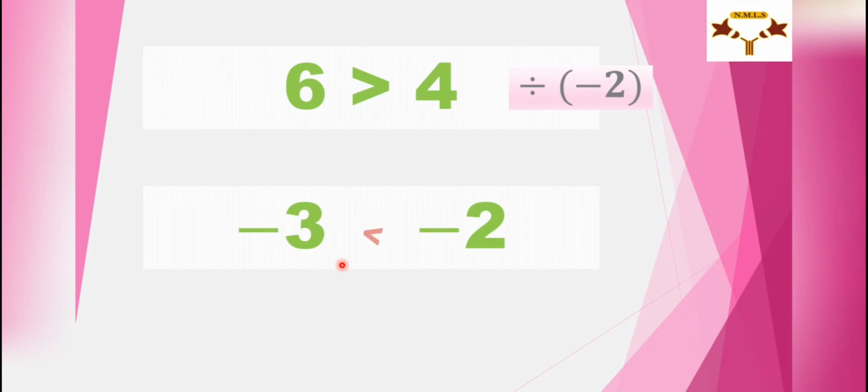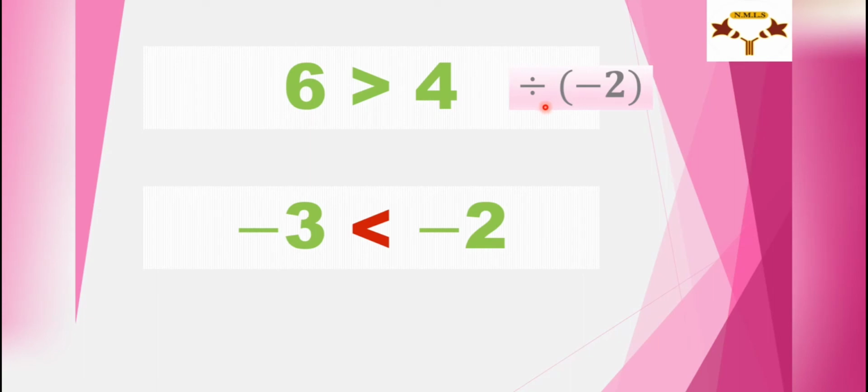It's false. So I have to change the direction of the sign, because when I divide both sides of the inequality by a negative integer, or multiply by a negative integer, you have to change the direction of the sign.